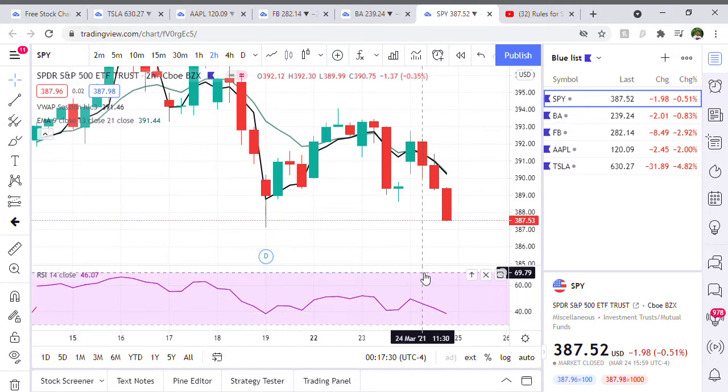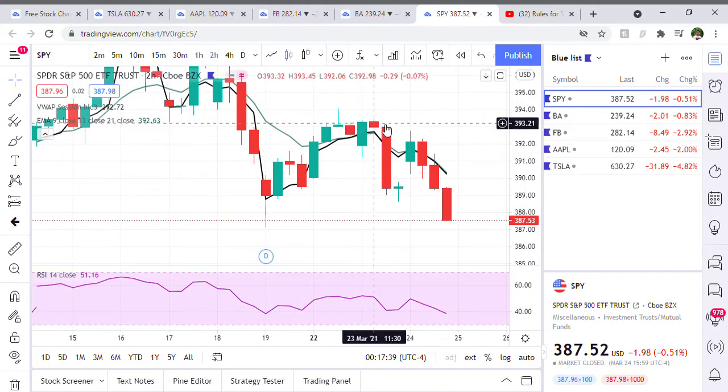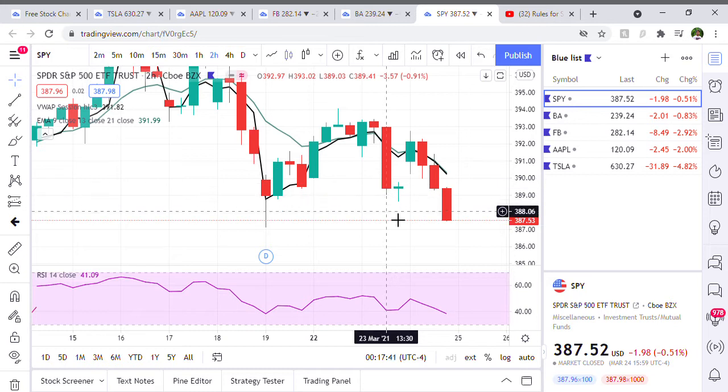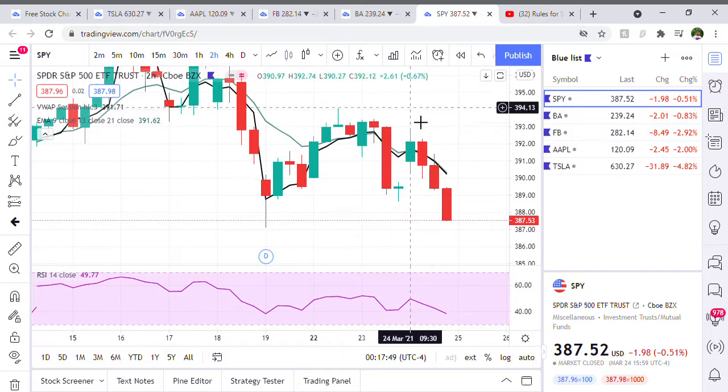What has the stock been doing? Today was 24th March. I can see that till yesterday, 23rd March, the stock made a deep red candle towards the closing. I would say SPY had a very big candle.